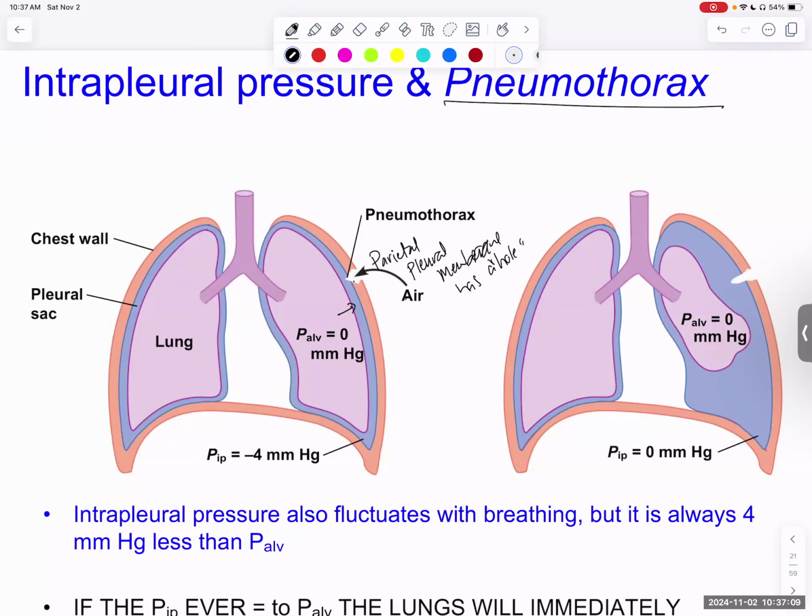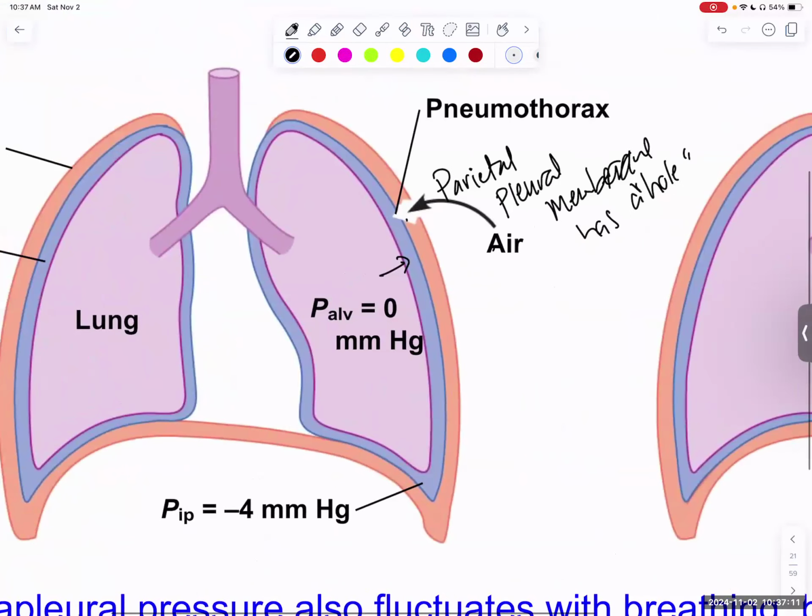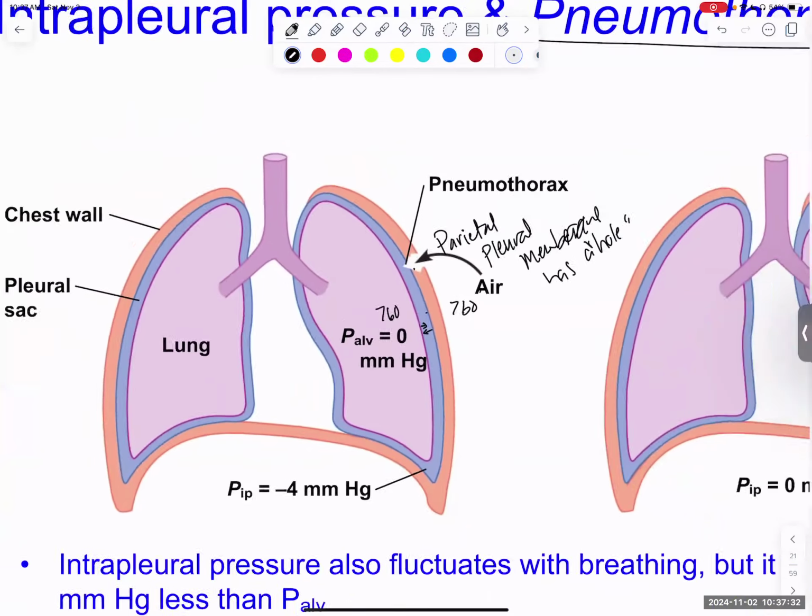Now atmospheric air is going to come in, and instead of this being 756, it's now the same, right? So now you have 760 and 760, and we don't have this kind of pull towards one another anymore.